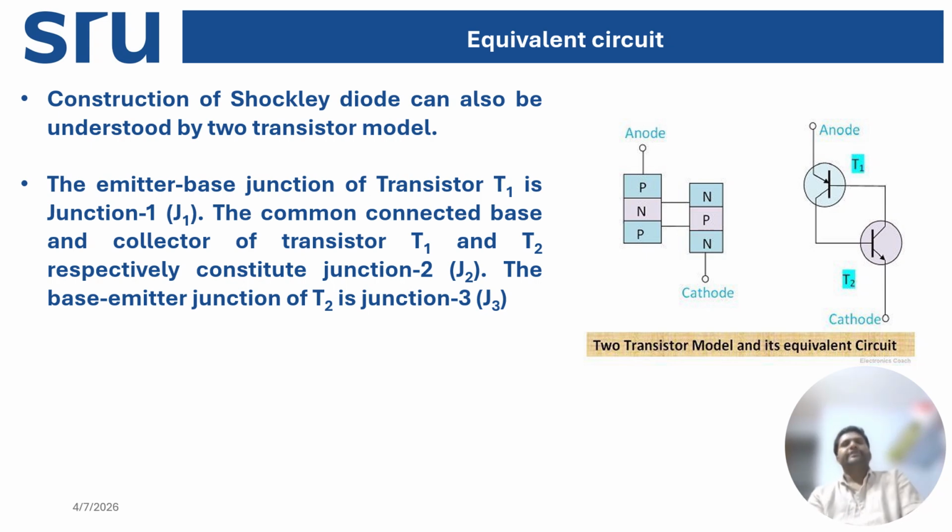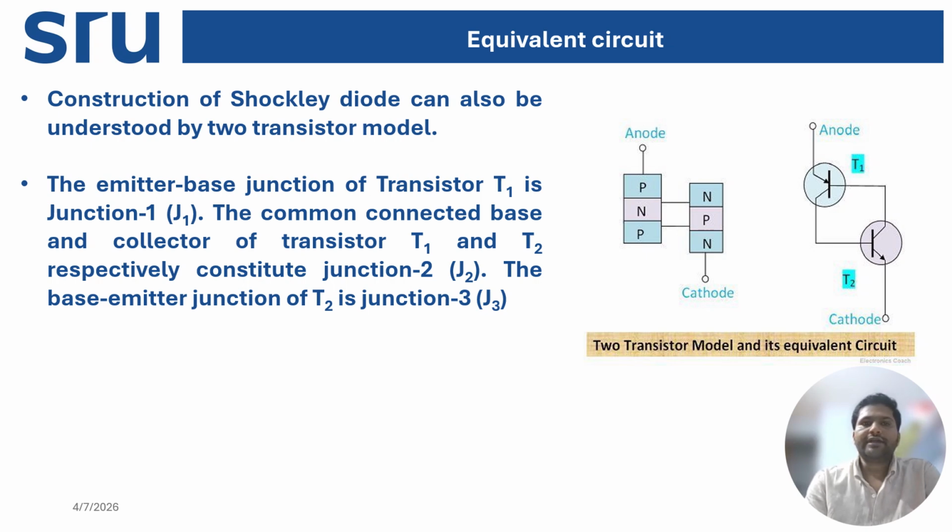Now the regenerative feedback mechanism behind this PNPN circuit: this configuration results in positive feedback. When a small current starts flowing in one transistor, it activates the other transistor. This in turn increases the current in the first transistor. This cycle continuously repeats, leading to a larger current flow.